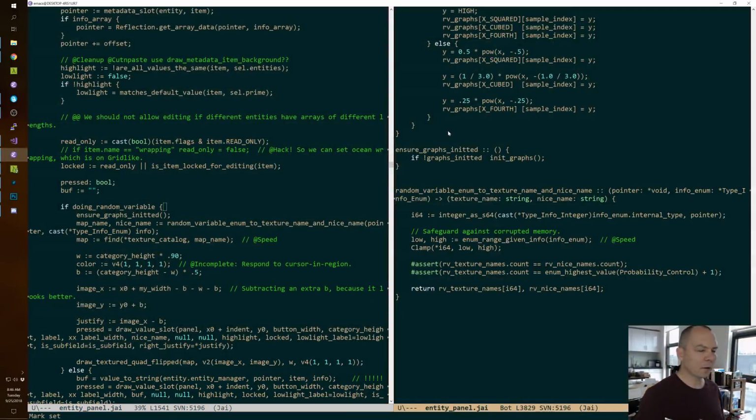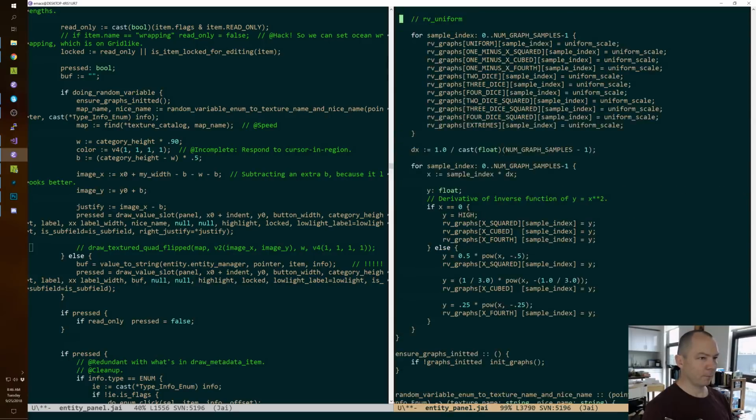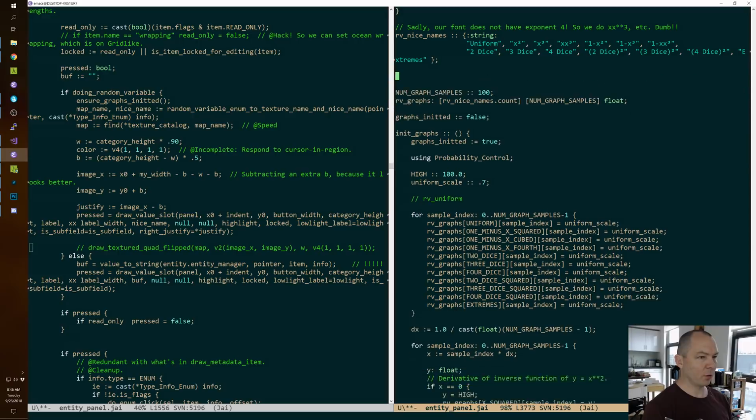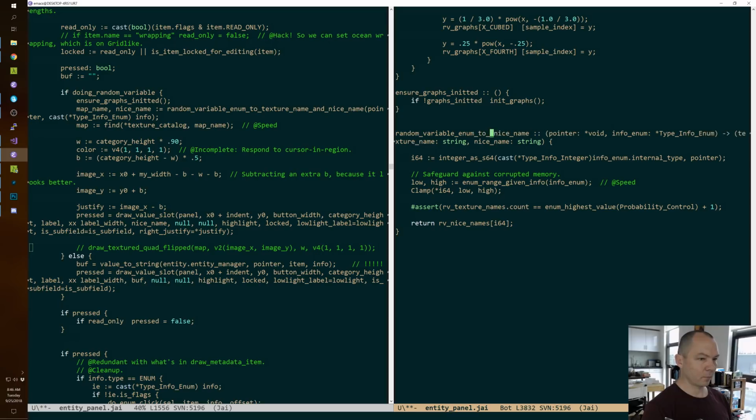Now, instead of drawing a bitmap, which we're doing here, let's just butcher this. RV texture names gone. We're just going to get the nice name out of this routine.